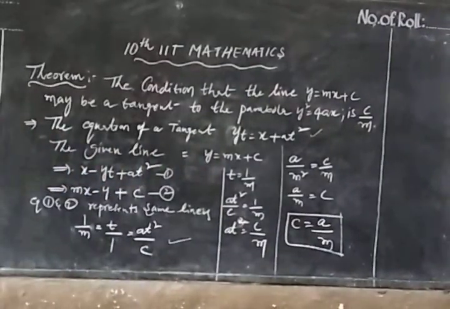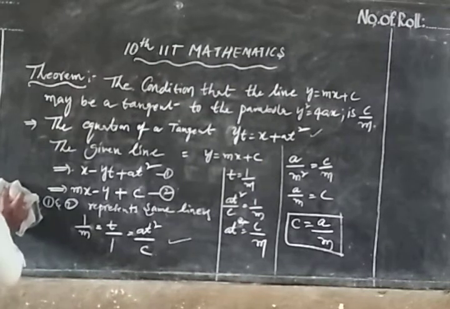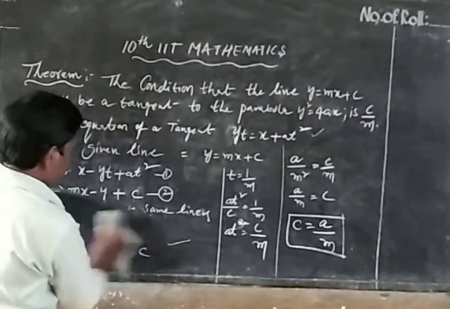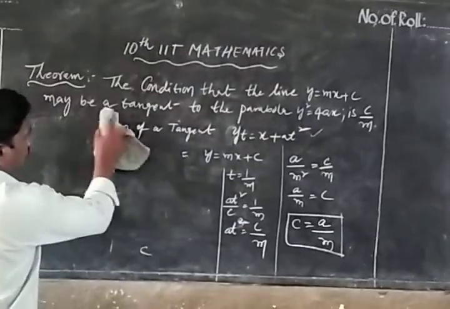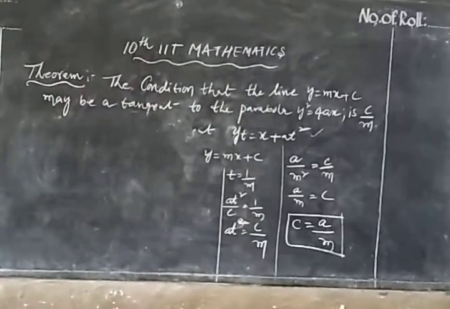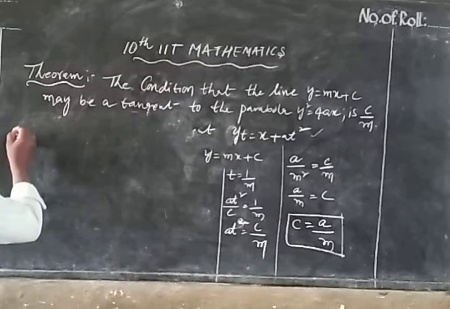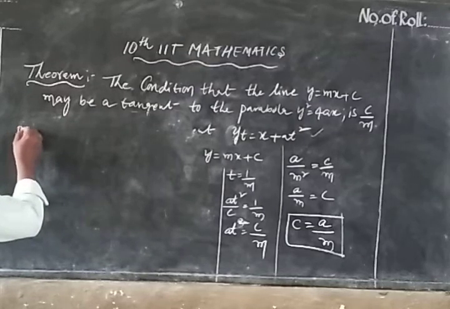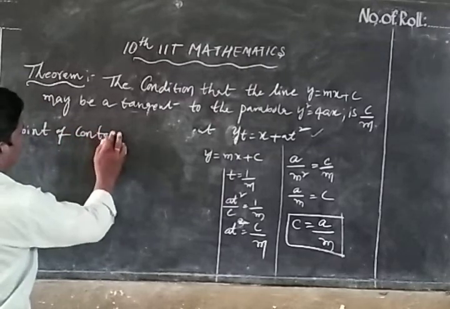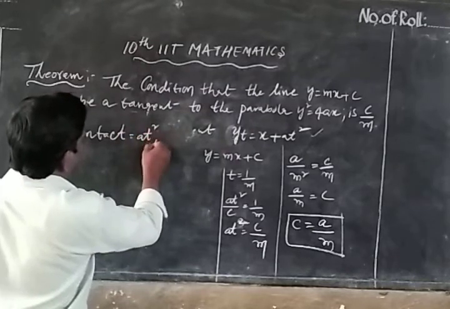Now, point of contact equal to at square comma 2at.